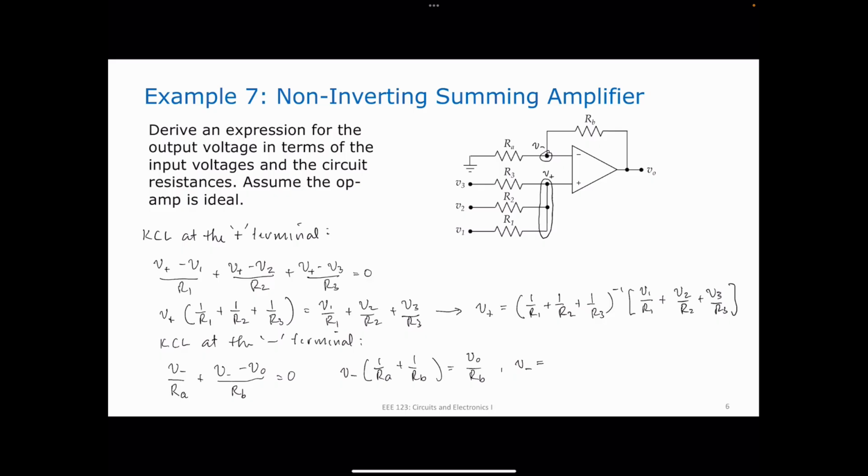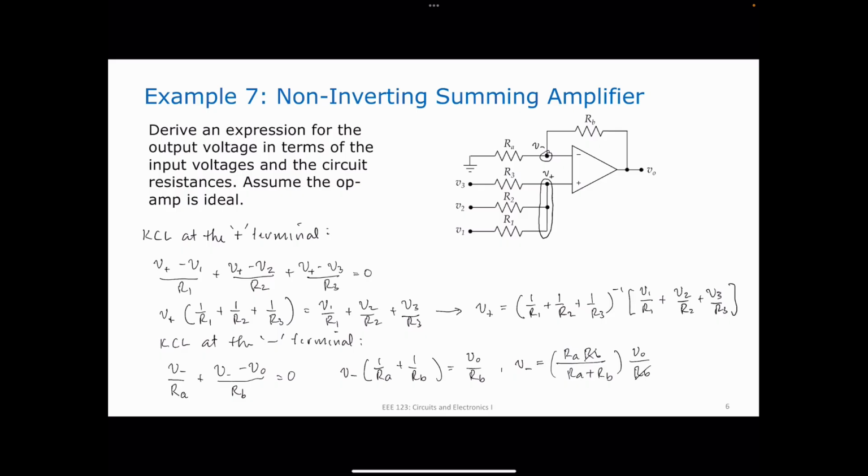If I transfer this to the other side, I'm going to get RARB over RA plus RB, times VO over RB.